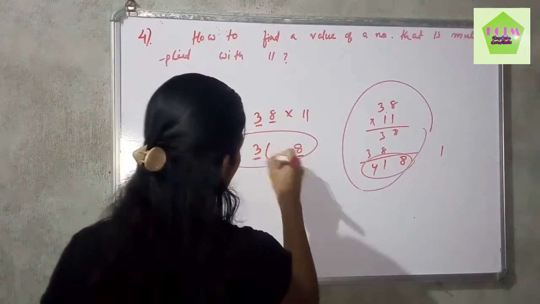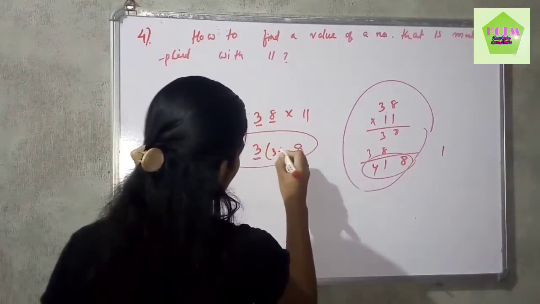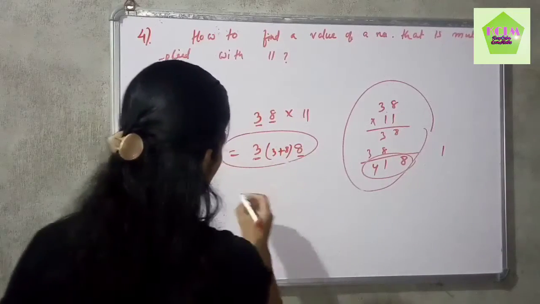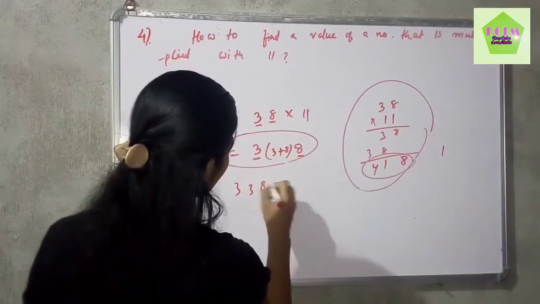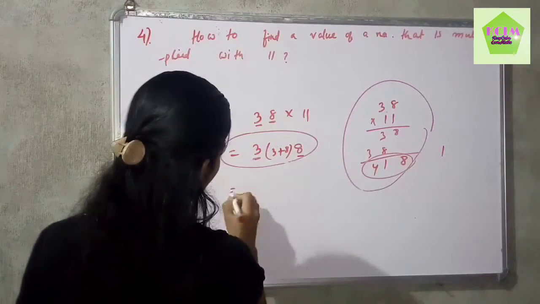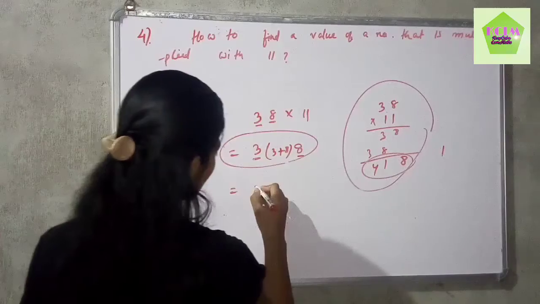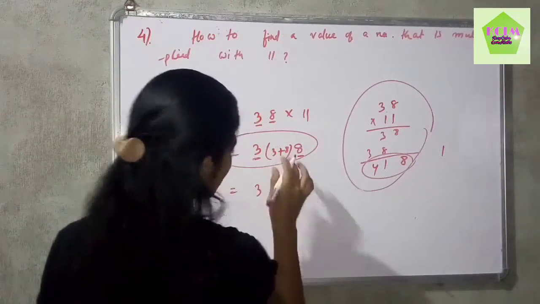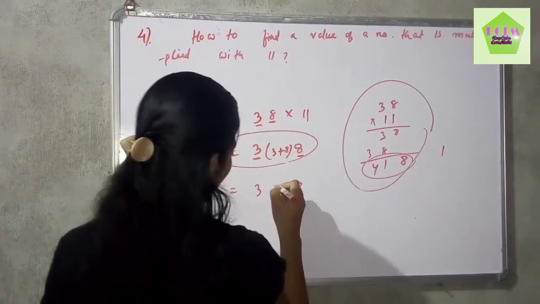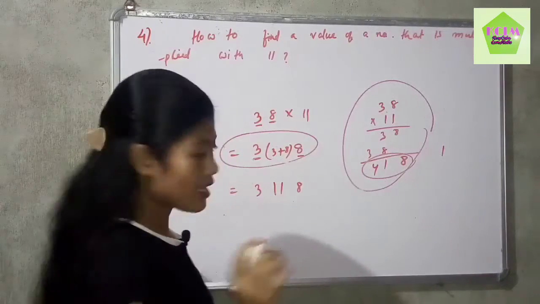So it will not be like 3388. I am trying to say, 3 8, and 8 plus 3 is 11, we all know.